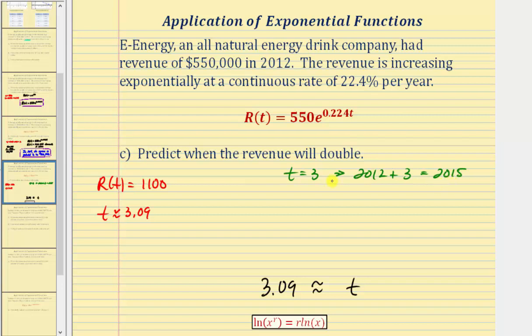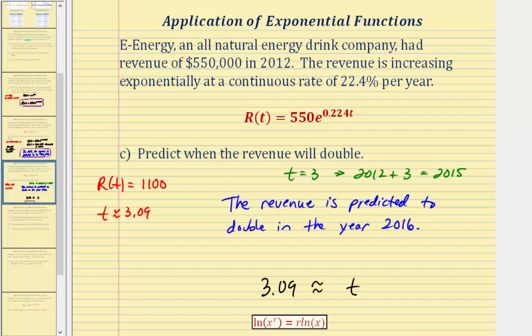So any value of t greater than 3 and less than 4 would actually be in the following year of 2016. So to answer this question, we would say the revenue is predicted to double in the year 2016.